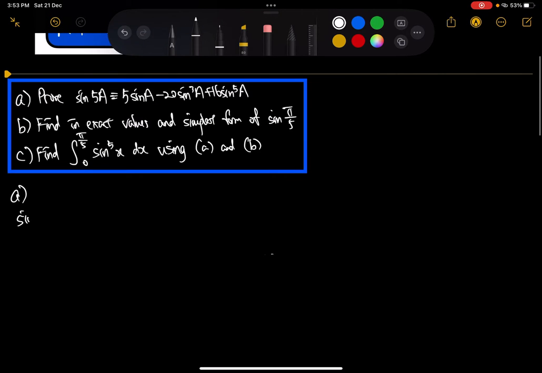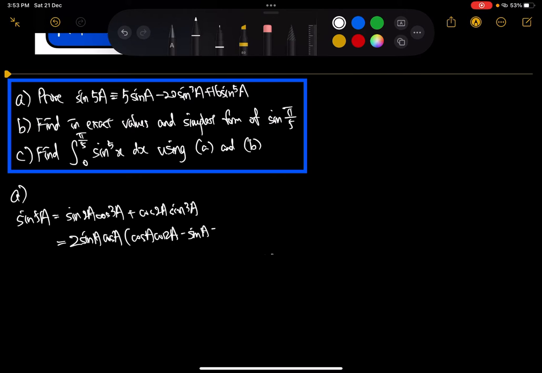So sine 5a is sine of 3a plus 2a, and then, well, we have cosine a cosine 2a minus sine a sine 2a plus 1 minus 2 sine squared a.